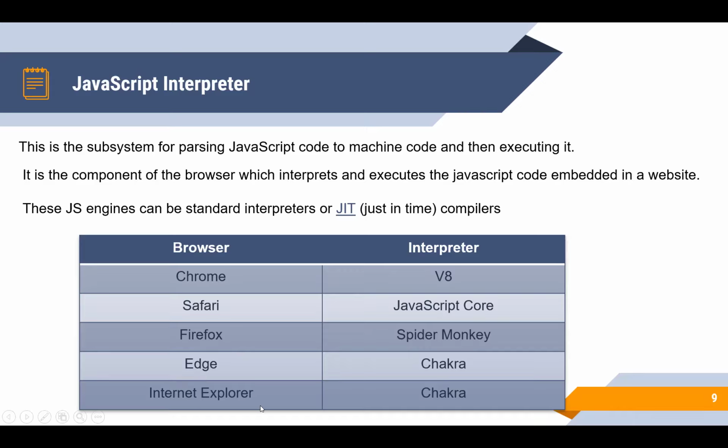Edge and Internet Explorer use an interpreter named Chakra. Understood? What is the meaning of the JavaScript interpreter and what is the name of the interpreter the browser is using internally? Is this clear to everyone?